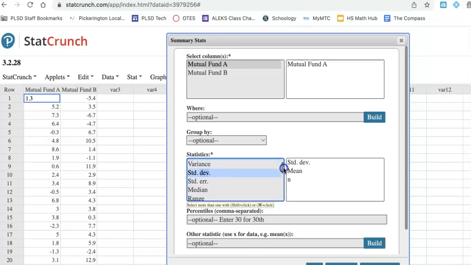The mean, the standard deviation, and I'm also going to have it do the median because remember that depending on what type of data we have, that could affect what kind of measure we want to use, because we typically use mean and standard deviation for symmetric data, and we typically use median and IQR for data that is skewed.